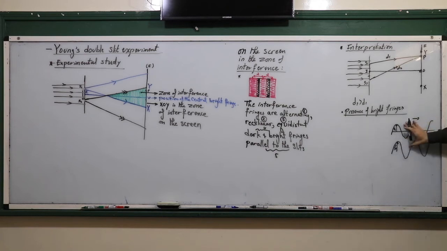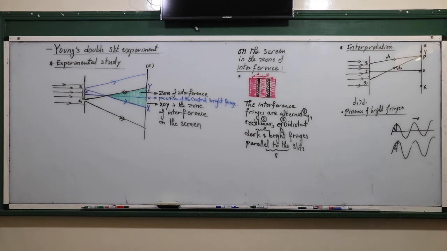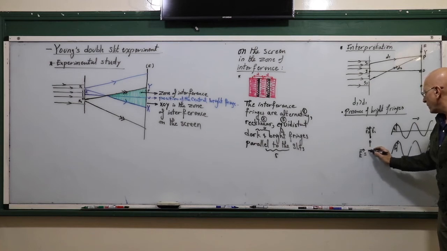If these two waves reach point P in phase, meaning maximum with the maximum, what happens to the electric field? The electric field will be additive. This is point P, this is E1, and this is E2. So the amplitude of the electric field will be their sum.